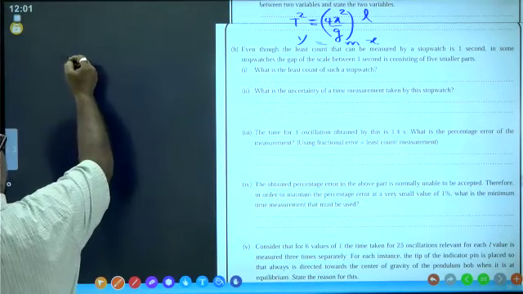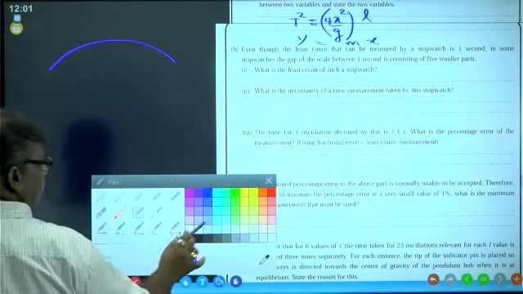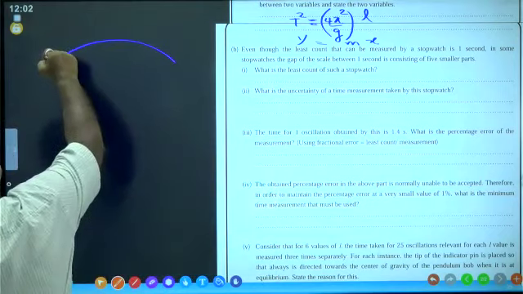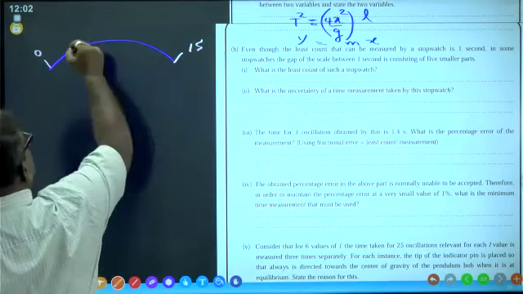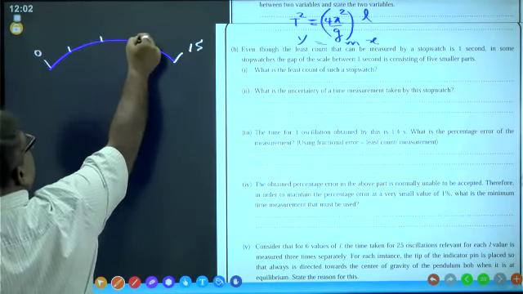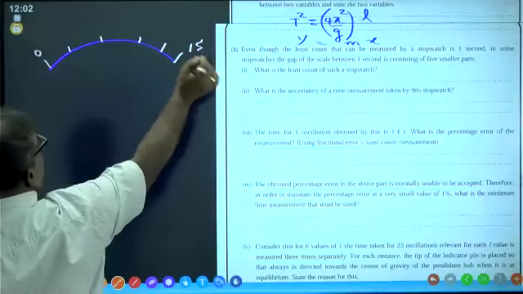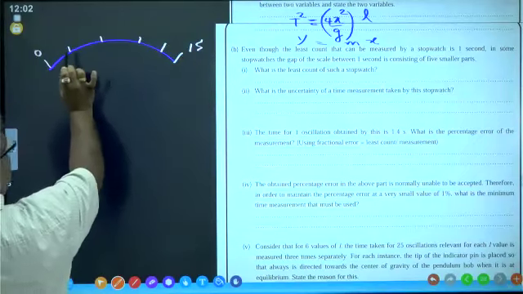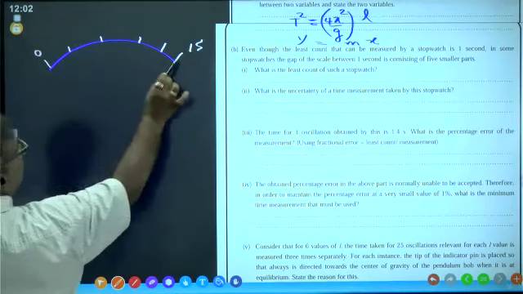If this is the scale, you are given 0 to 1 second divided into 5 smaller parts like this: 0, 1, 2, 3, 4, 5. From here to here is 1 second.